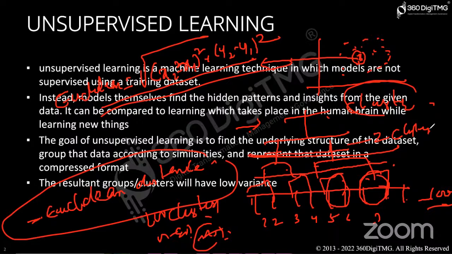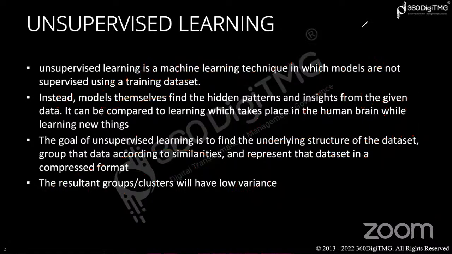If the variance or mean of those clusters is very narrow, you won't be considering that as a perfect cluster. So we'll be checking the mean of those clusters, then deciding whether those clusters are feasible or whether we should go for another clustering. This is all about hierarchical clustering.